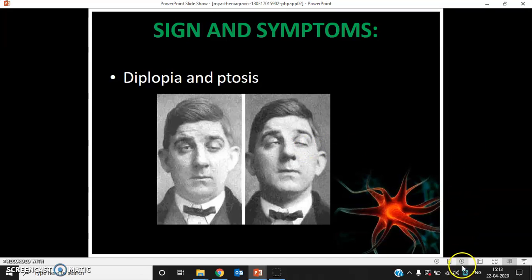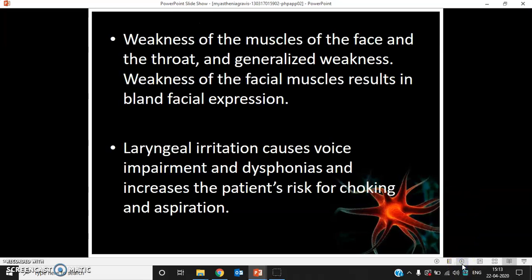All right. And some other symptoms: if you see the face of a person, it should not be a cheery one. If a normal person laughs, what will happen? His cheeks should be flexed, and there should be expressiveness in the facial expression. For example, if I ask you to smile, you will stretch your cheeks and smile.